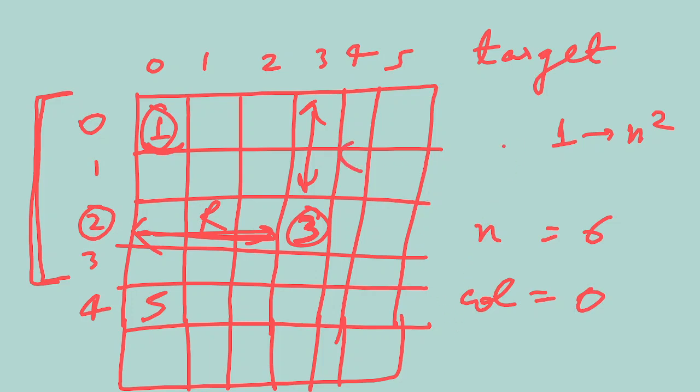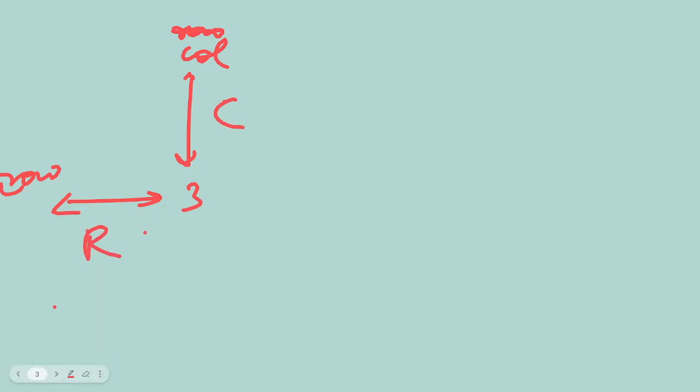So in order to check whether a particular element can be inserted at a particular position, let's say this is the particular column, this is the particular row, and the element inserted here is 3. I will find the sum of all the elements for this column and for this row, and before inserting this element 3, I will check if C plus num, where num is the element to be inserted, is less than or equal to the target.